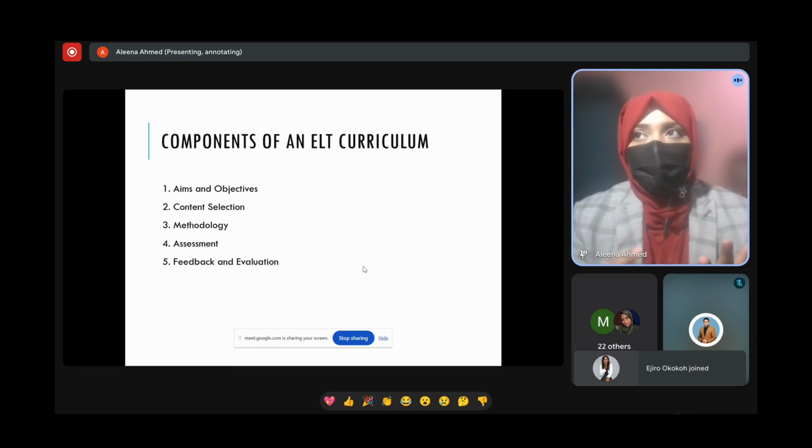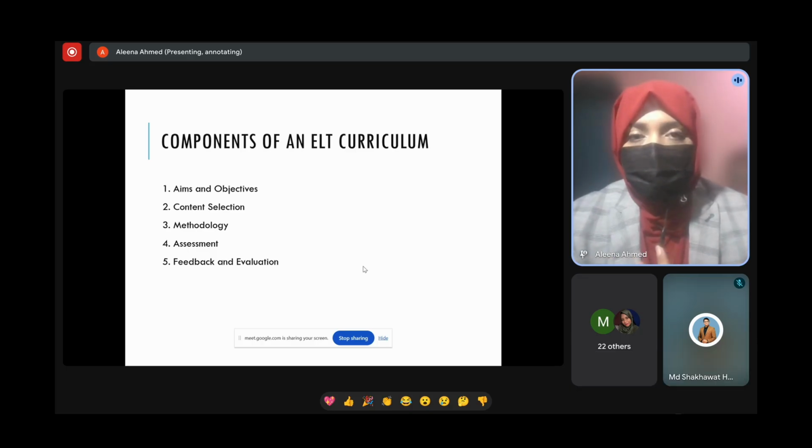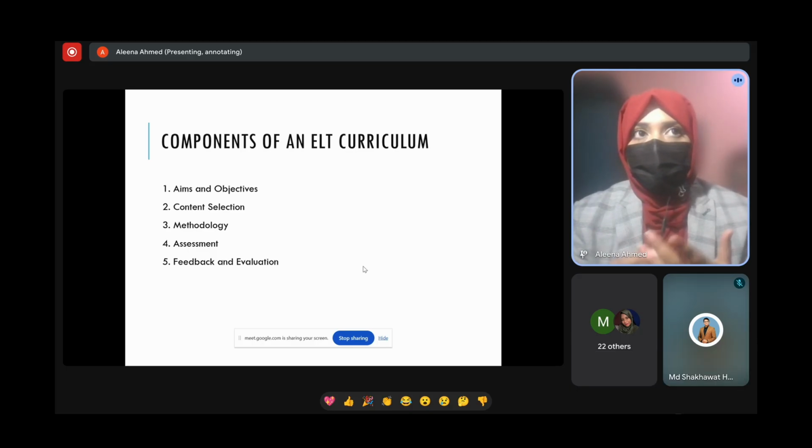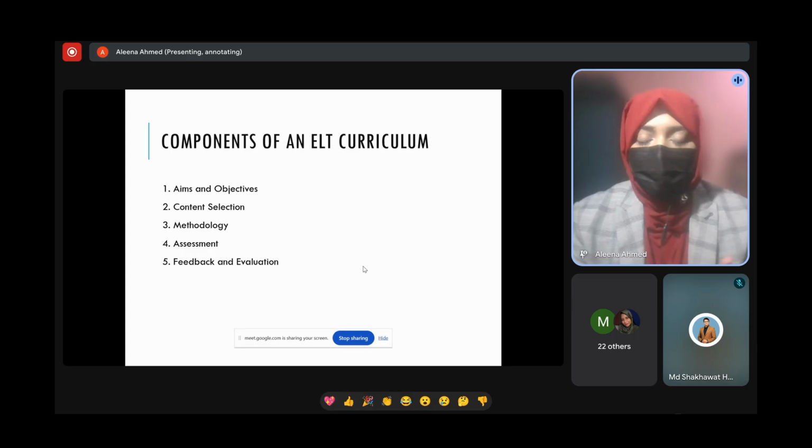Curriculum will decide what methodologies the teacher will apply in the classroom. Curriculum will decide how the teacher is going to assess what they have taught in the classroom, and definitely curriculum will decide the way of feedback and evaluation.